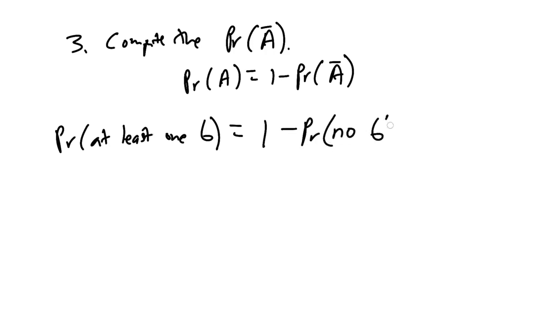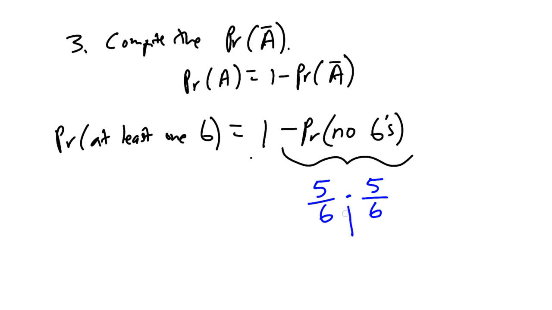So no sixes. So then we ask ourselves the question, what is the probability of getting no sixes? And the answer is, I have to roll a non-6 on the first die, and there's a 5/6 chance of getting anything except a 6 on the first die, and then I'm going to multiply that by 5/6 on the second die.